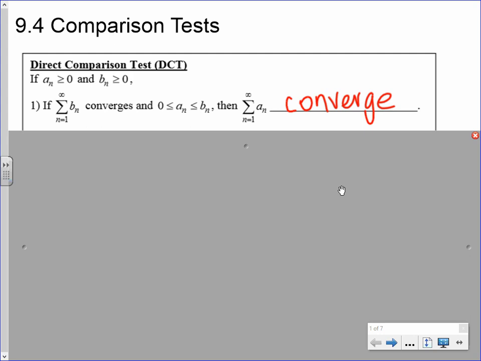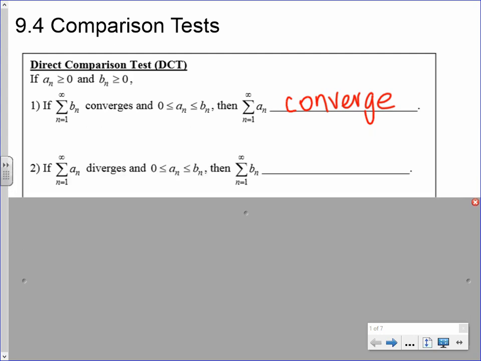Okay? Same thing. Let's say we have a series that diverges, and we have a sequence that is bigger than the one that's in the series that diverges. Then it's going to diverge. What if it's the one that's -1, then -2, 2?